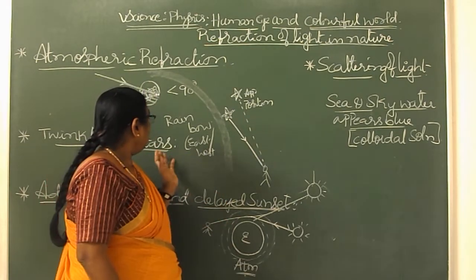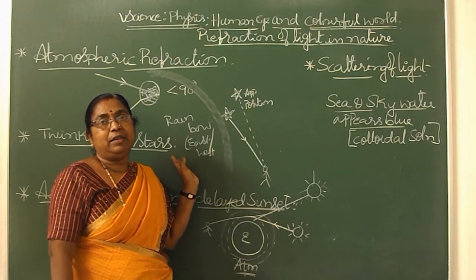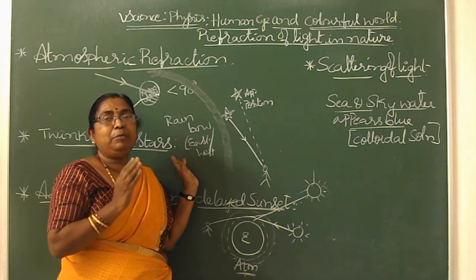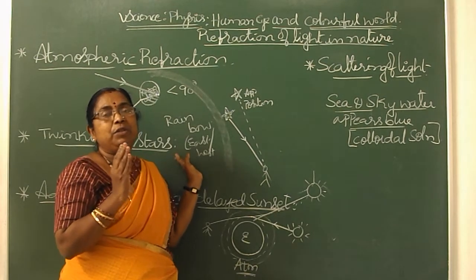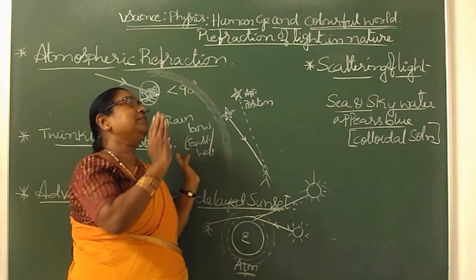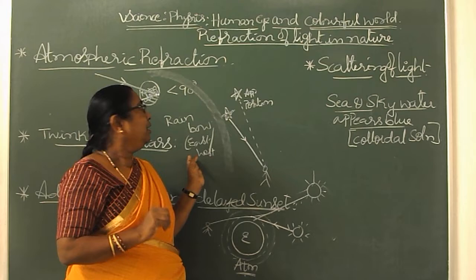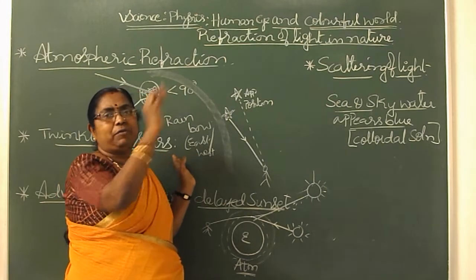Whereas these other stars are many light years away. It means if a light ray moves at the speed of 3 × 10^8 meters per second continuously for 1 year, then that distance is 1 light year. Like that, the stars are very far.